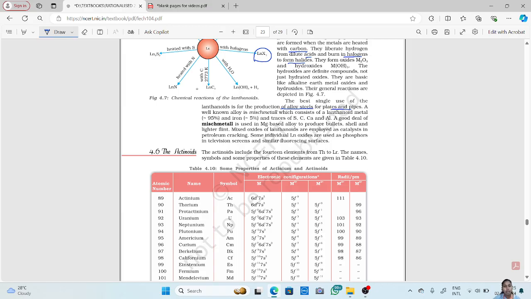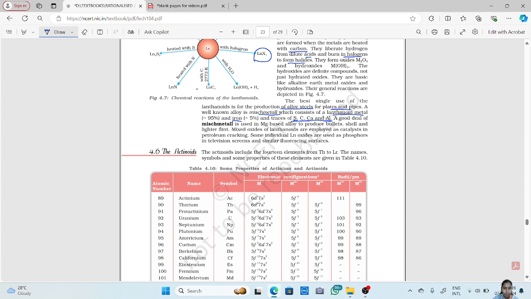A well-known alloy is mischmetal, which consists of lanthanoid metal, about 95%, and iron up to 5%, and traces of sulfur, carbon, calcium, and aluminium. So there are traces of these four elements along with approximately 5% iron and 95% lanthanoid metals.